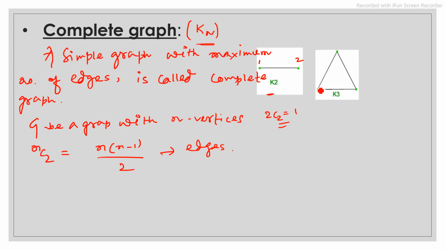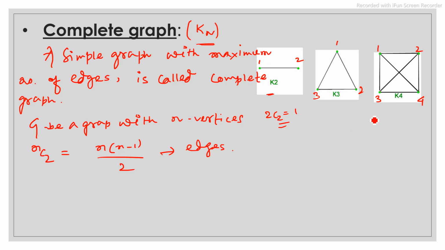This is a K3. Number of vertices here 3, and the maximum possible number of edges here is 3. This is K3. This is K4. Here number of vertices is 1, 2, 3, 4, and what are the edges here?